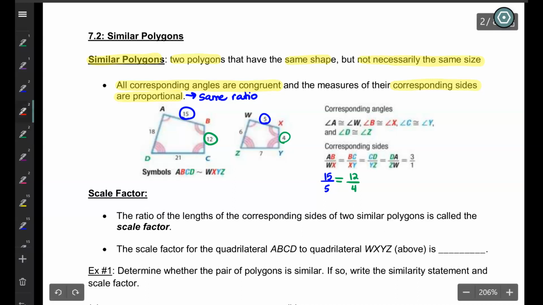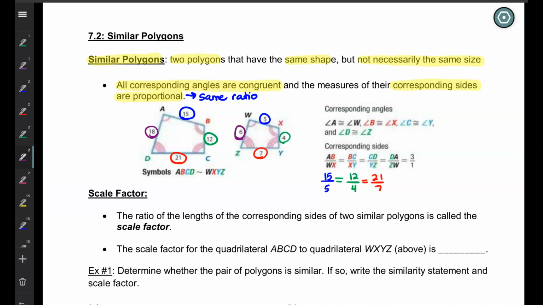We have CD and YZ, which are in a ratio of 21 to 7. And lastly, we have AD is 18, and that's going to correspond to WZ, which is 6.